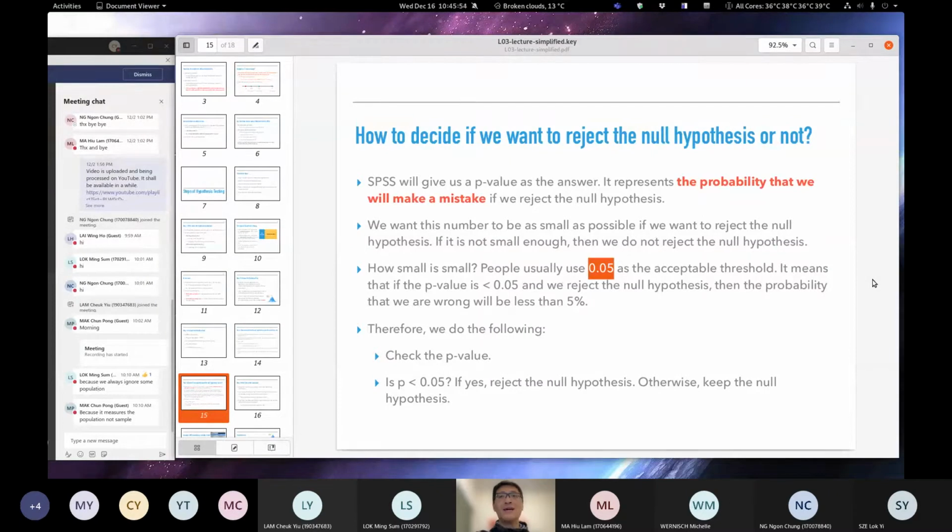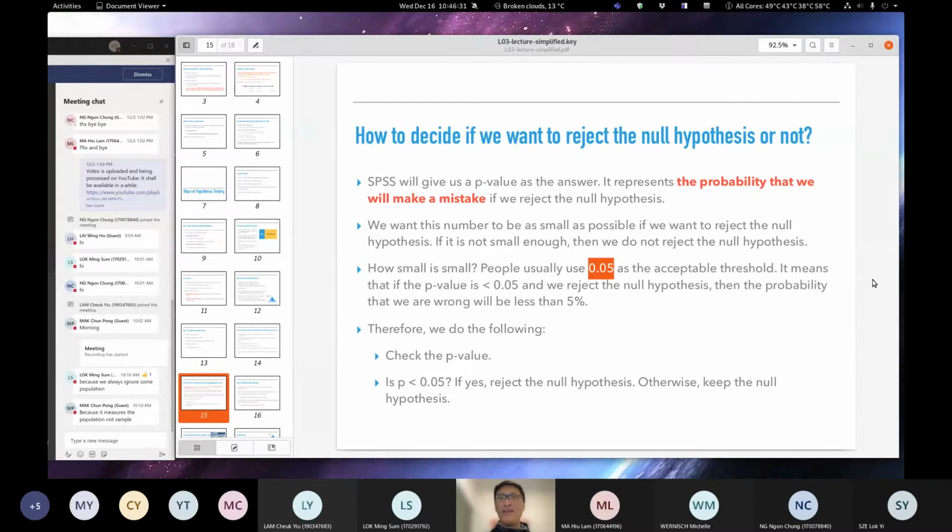Because in this case, the probability that we are wrong will be less than 5%. So 5% is some acceptable value in this case. We accept that we might be making a mistake, but it's okay if the probability of making this mistake is smaller than 5%. We cannot completely eliminate the probability of making a mistake, but as far as it is smaller than 5%, then we say, well, it is okay. We want to do this.